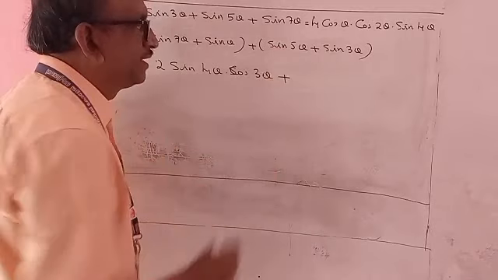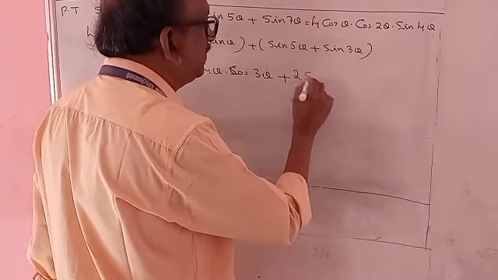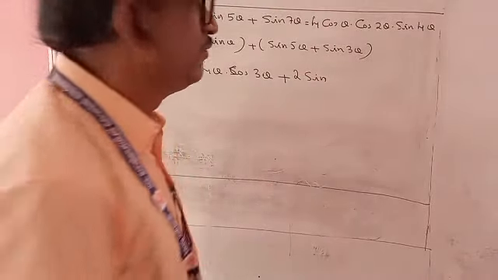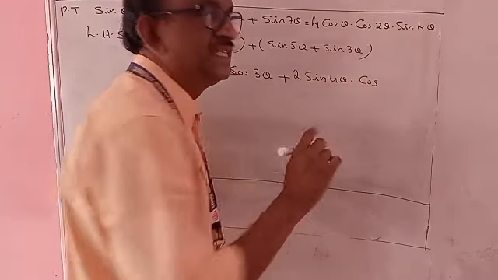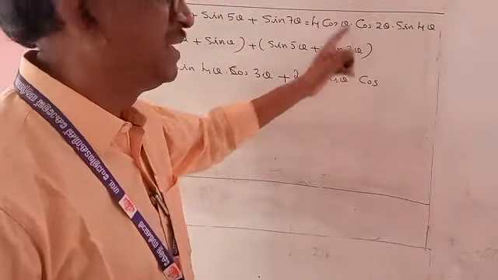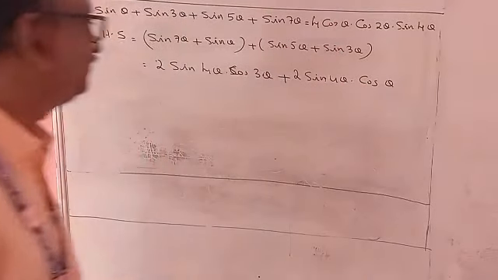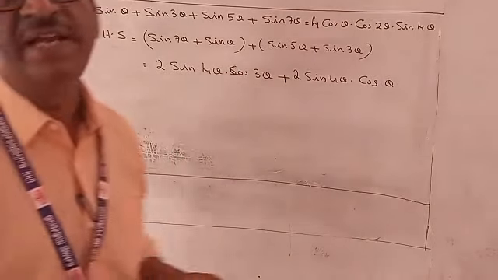Plus here also apply the product rule, 2 sine (c plus d)/2, (5 theta plus 3 theta), 8 theta by 2, 4 theta, into cos (c minus d)/2, (5 theta minus 3 theta), 2 theta, 2 theta by 2 is theta. Here 2 sin 4 theta is common, take 2 sin 4 theta outside.